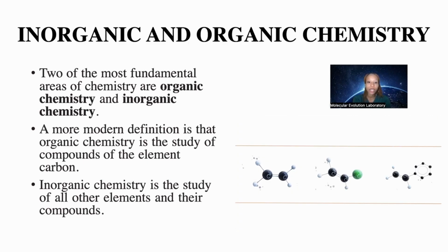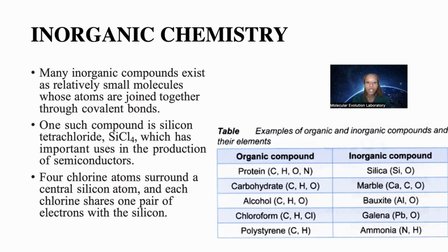Inorganic chemistry is the study of all other elements and their compounds. One such compound is silicon tetrachloride, and this has an important use in the production of semiconductors. So organic chemistry looks primarily at the study of carbon atoms, while inorganic chemistry looks at all the other atoms and their compounds.